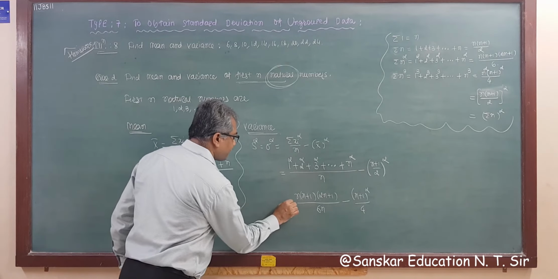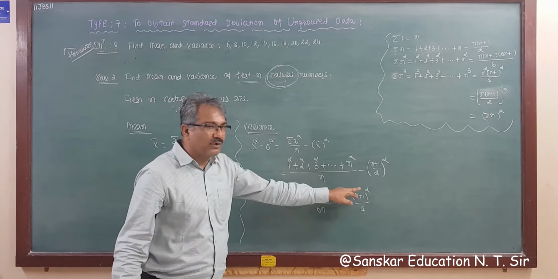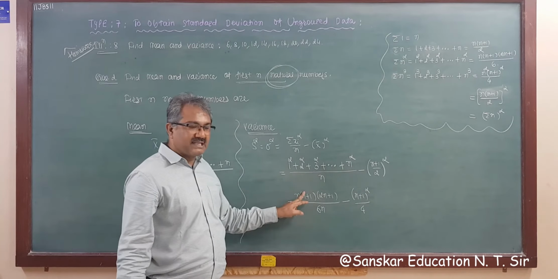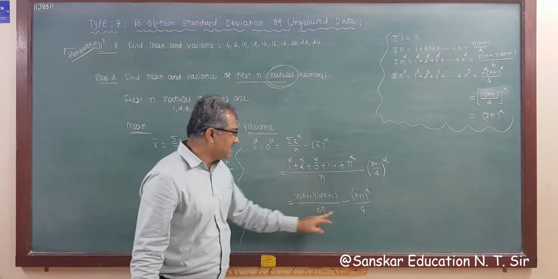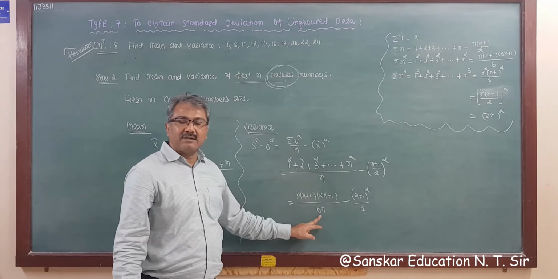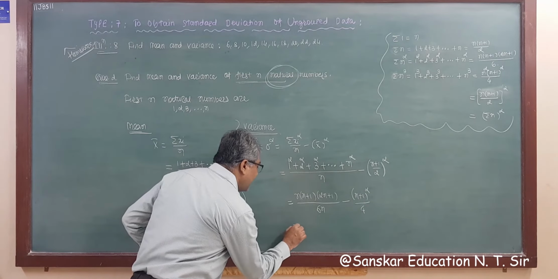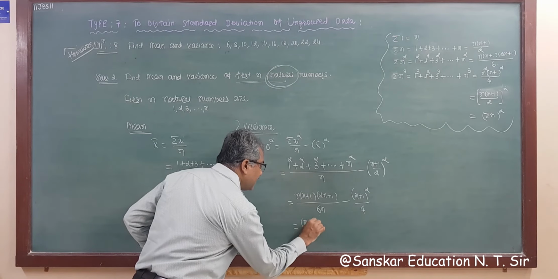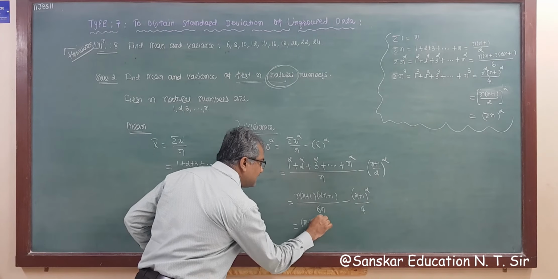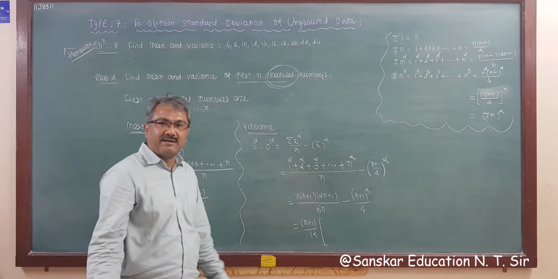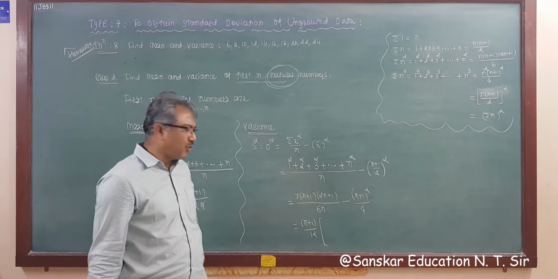Now see here, n plus 1 whole square, and this is n plus 1, and this is 6 and 4, so 12 is the LCM, so I am taking n plus 1 divided by 12 outside as a common factor.